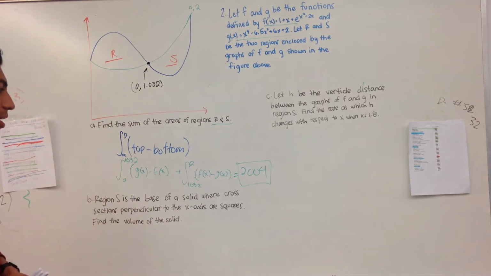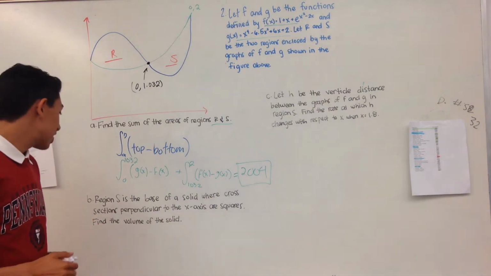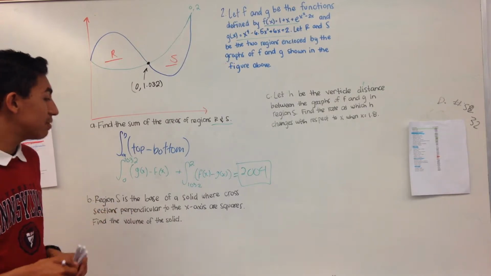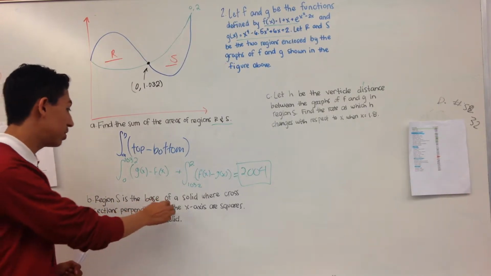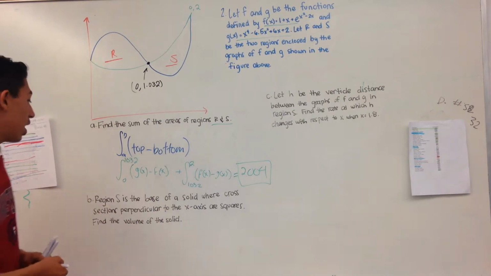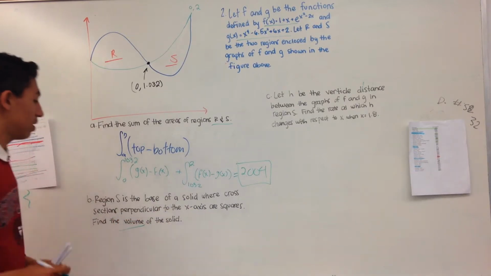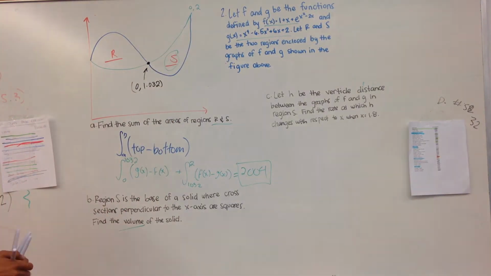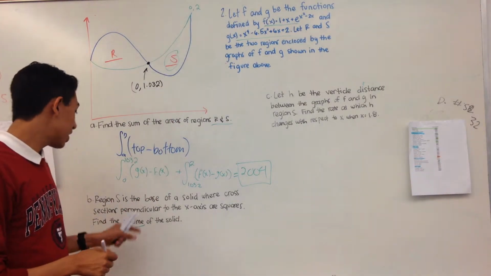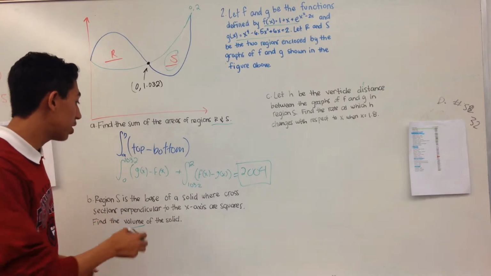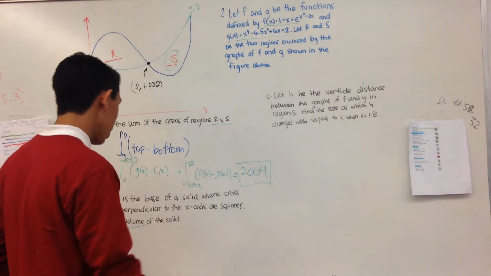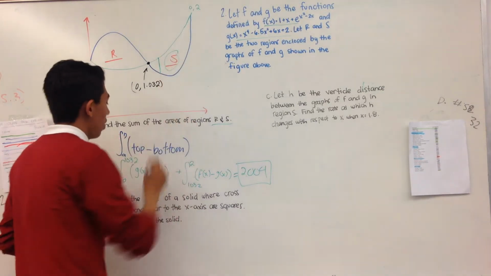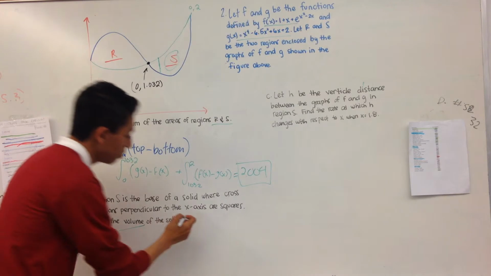Okay. B is asking us about region S. Region S is the base of a solid where cross sections perpendicular to the x-axis are squares, and it's asking us to find the volume of the solid. So there are cross sections that are squares.